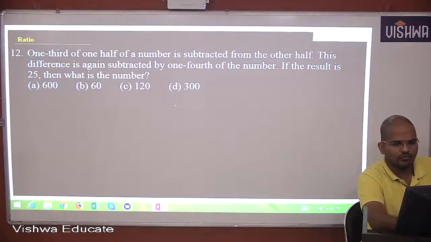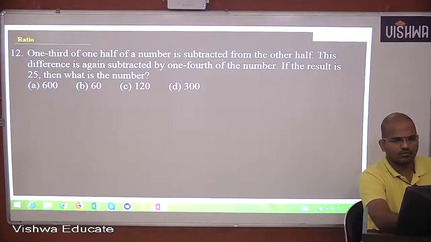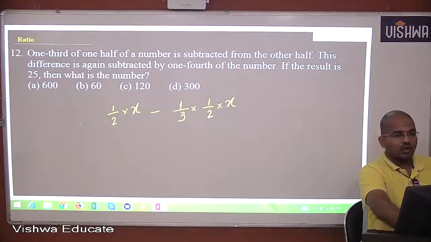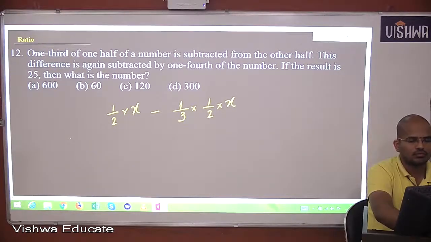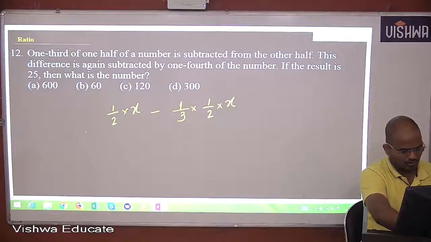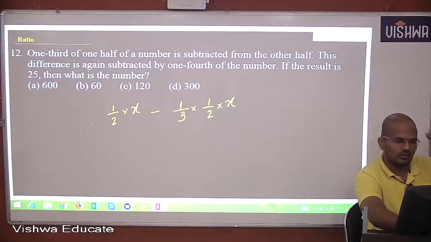One third of one half of a number is subtracted from the other half. If the result is 25, then what is the number?